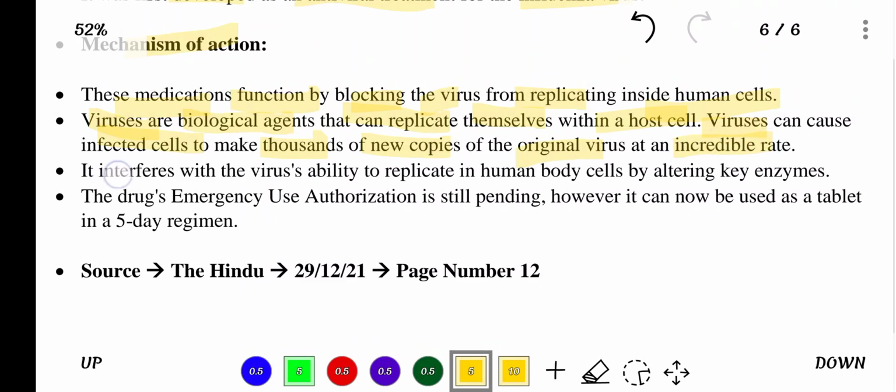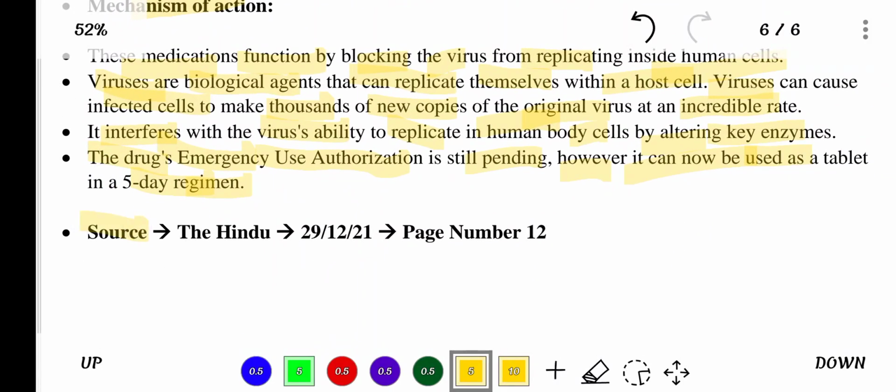It interferes with the virus's ability to replicate in human body cells by altering key enzymes. The drug's emergency use authorization is still pending. However, it can now be used as a tablet in a 5-day regimen. So the source of this news is The Hindu of 29th December 2021, page number 12.